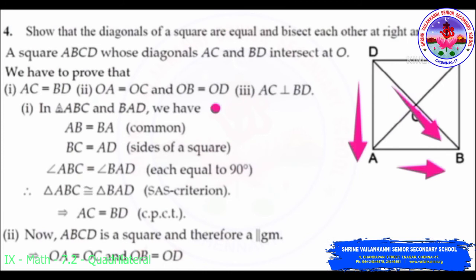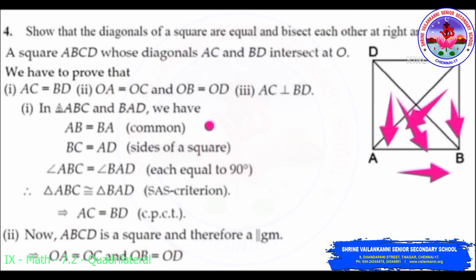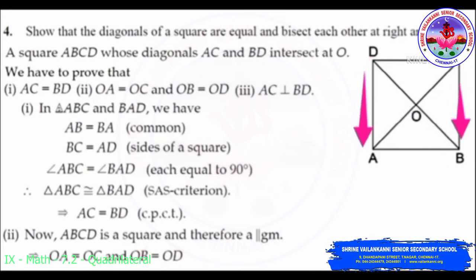Let us consider triangle ABC and triangle BAD. We know that AB forms a common base to both the triangles. Writing AB is equal to BA as a common side, and DA is equal to BC are the sides of a square. So I got two sides which are involved in the triangle ABC and BAD, and the third one, angle ABC is equivalent to angle DAB.